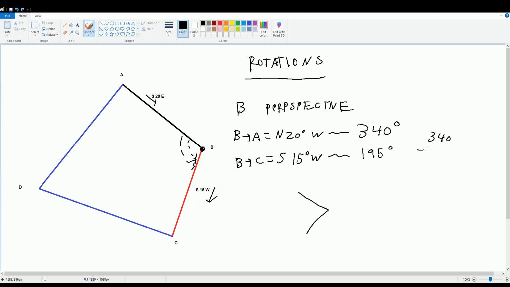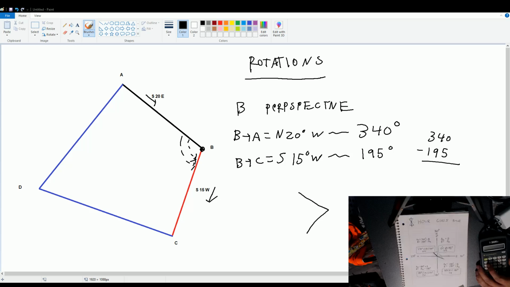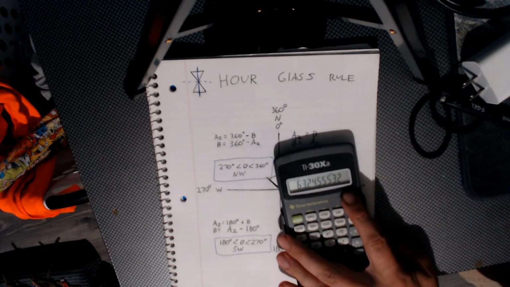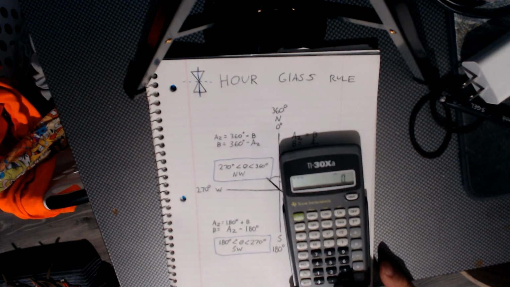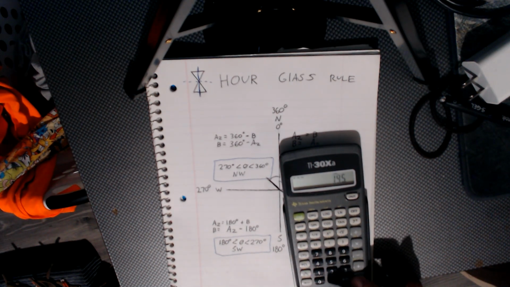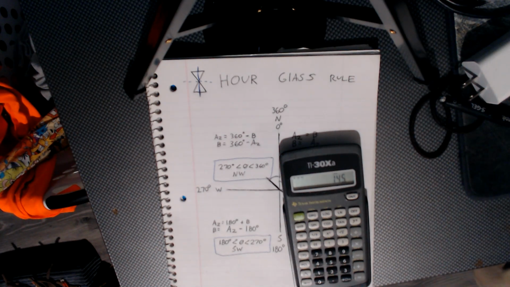340 minus, I'm sorry, did I say 125? I should have said 195. 340 minus 195. If you want, we can just pop this into a calculator real quick. 340 minus 195, you have 145 as your value.